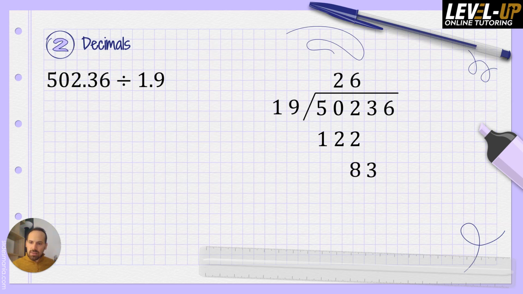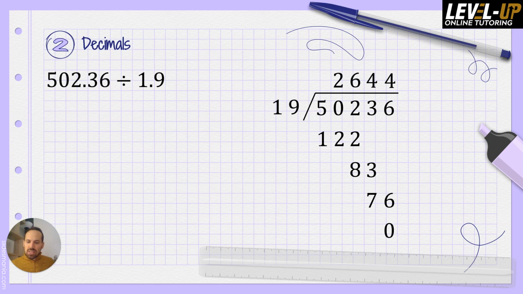We bring down the 3, do 83 divided by 19, gets 4, with a remainder of 7. Finally, we bring down the 6, do 76 divided by 19, which gets 4, with a remainder of 0. So you see it works very much the same way. Sometimes you've got to take slightly bigger numbers because you're dividing by 2 digits as opposed to 1. And so we get this answer of 2,644.